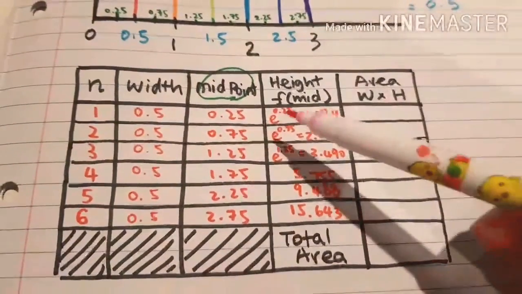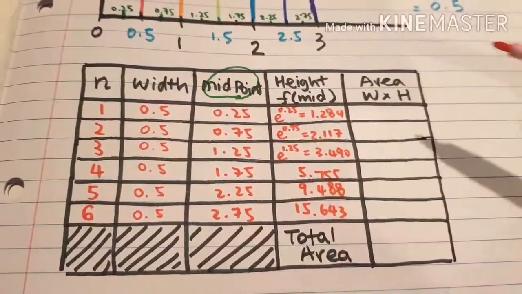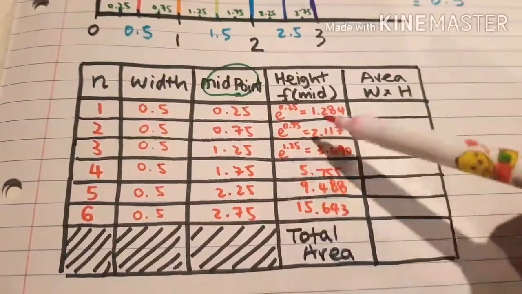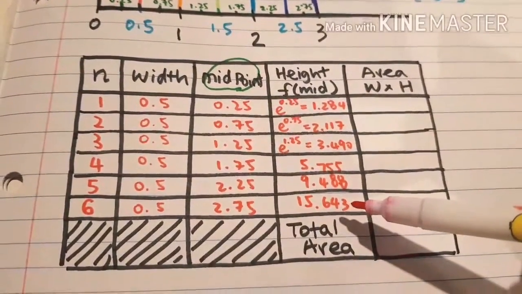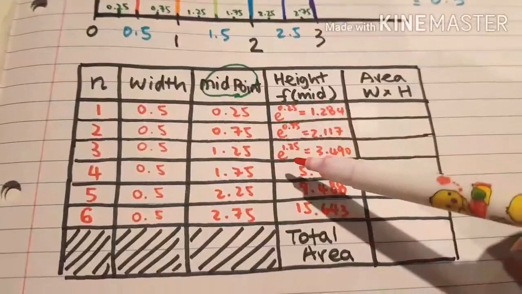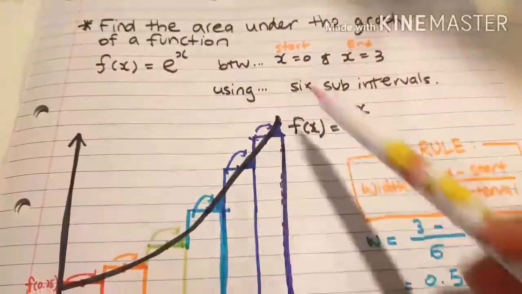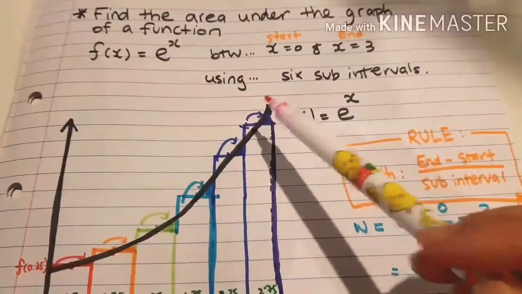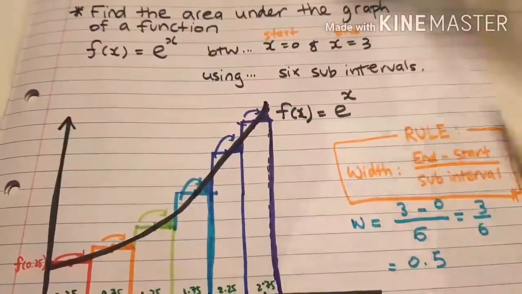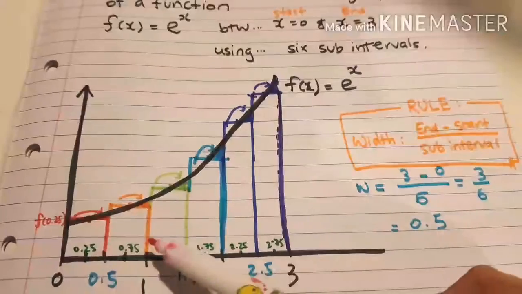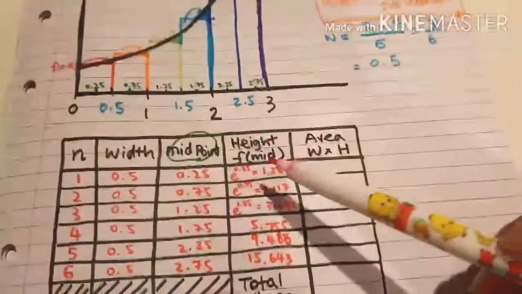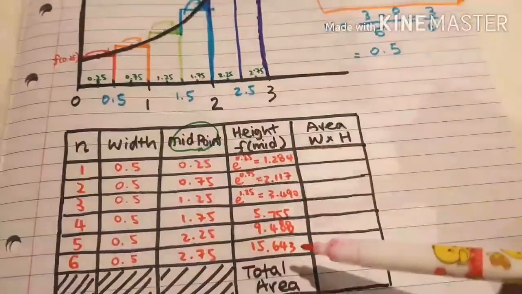I showed you the calculation for the first 3, and that's going to be all the calculation for the height. Where did I get this equation from? It was from the question, the function f(x) is e to the power of x, and I just put the midpoint in each one and got the values.